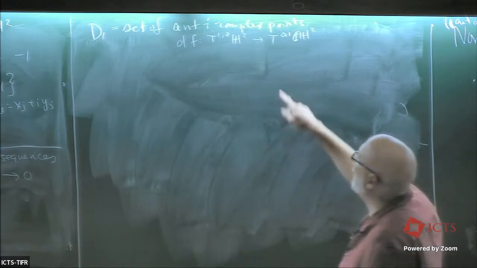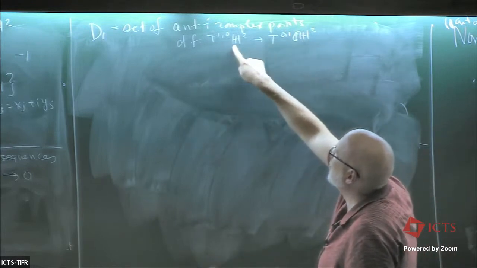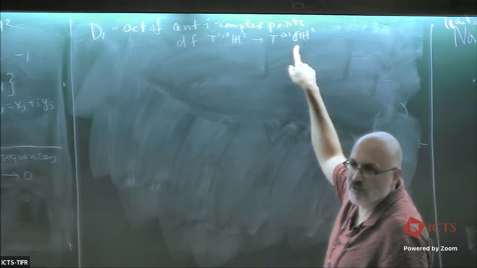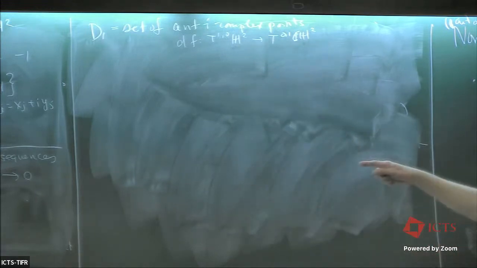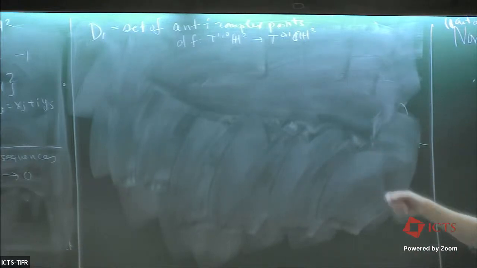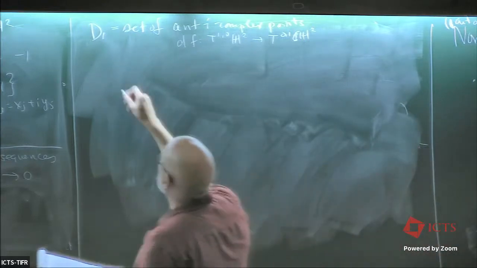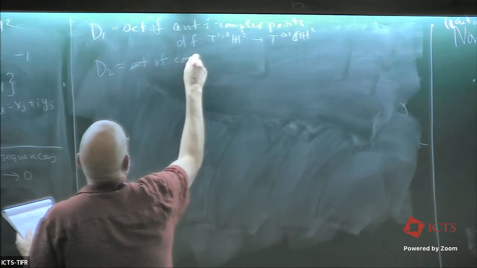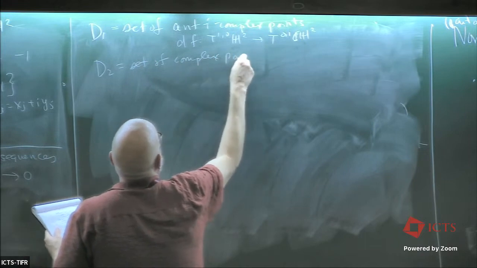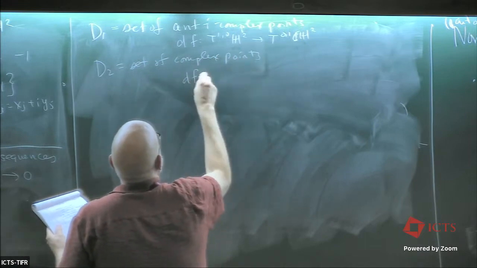An anti-complex point is where it looks at that point as if it's anti-holomorphic. Okay? But we're ruling out the case. So these are going to be isolated points because we're ruling out the case where the entire thing is anti-holomorphic. And similarly, D2 is going to be the set of complex points.